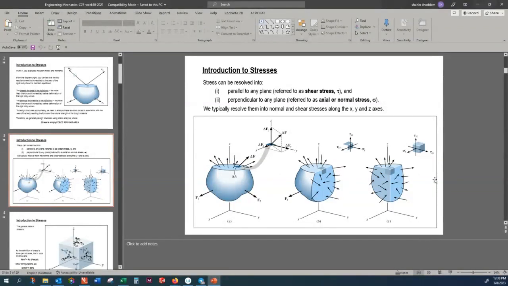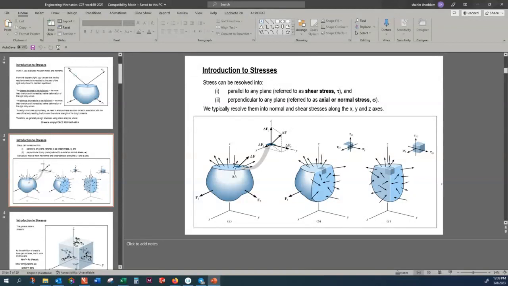If we take three perpendicular areas like the one shown here, on each of these faces you will be getting some stresses. So the force can be resolved into three components, and each component divided by its area would generate a type of stress that is Newton per square meter.